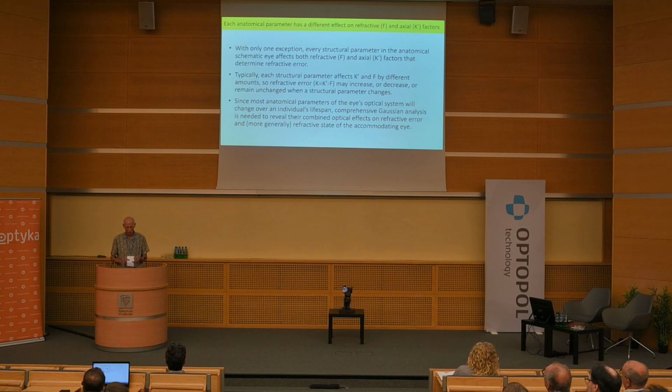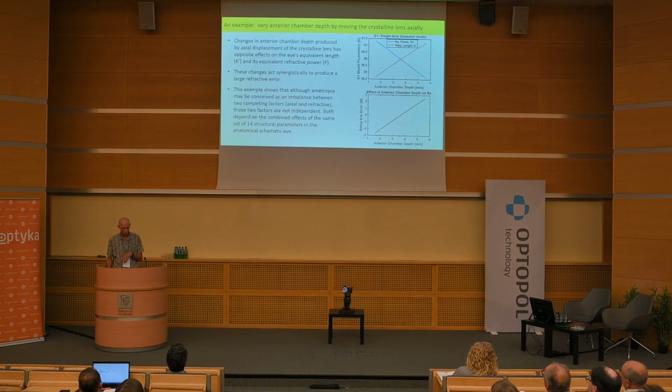Typically, each affects both, but one perhaps more than the other, and sometimes they have the same sign, sometimes opposite signs. Since most anatomical parameters of the eye change over an individual's lifespan, it's going to take some comprehension of how all these parameters, changing with time, end up affecting the final refractive state of the eye.